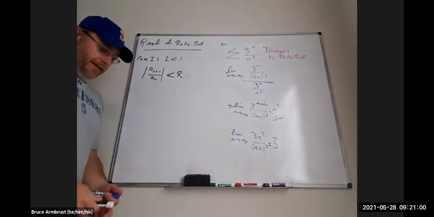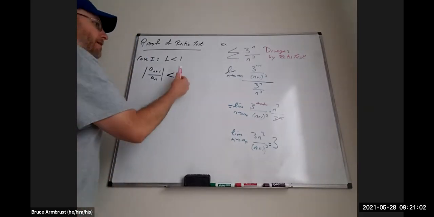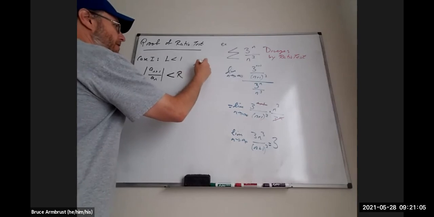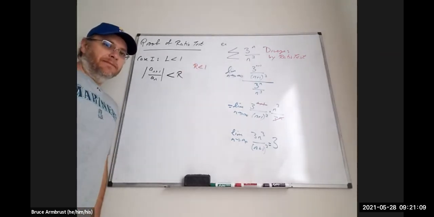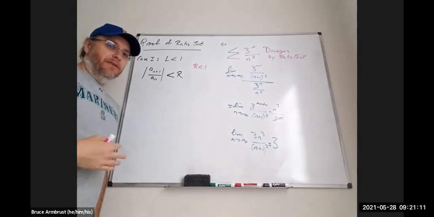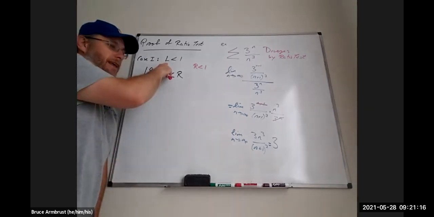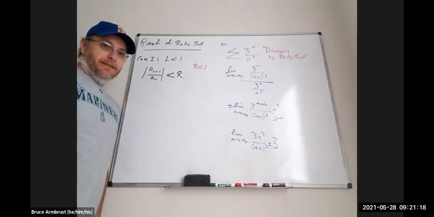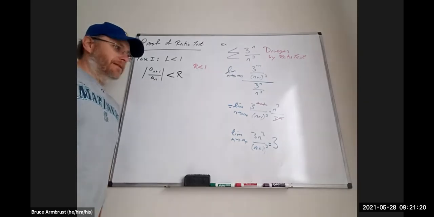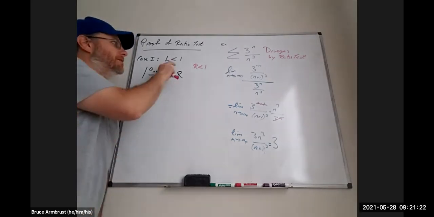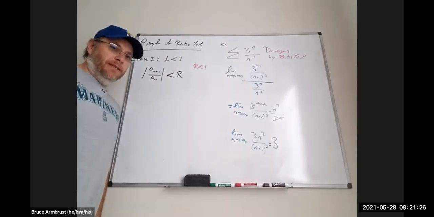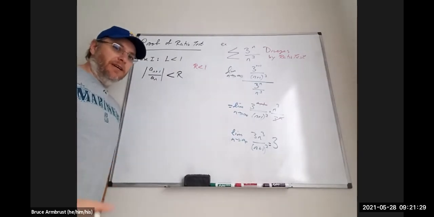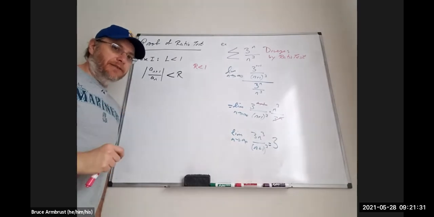Now, the other thing I can tell you about R is that this R is also going to be less than 1. I'm going to at least pick it so that it's less than 1. It's either going to be less than L, which already means that it's less than 1. Or if it's bigger than L, there's still going to be space between L and 1. No matter how close L gets to 1, there's always space.